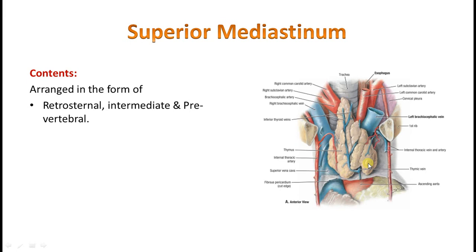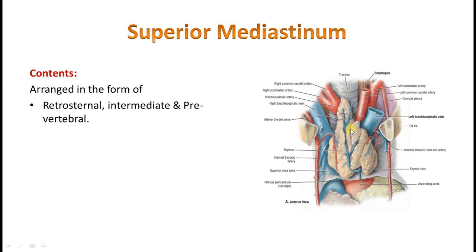The structures in the middle we call intermediate structures, and the more posterior ones we call prevertebral structures because they are present in front of the vertebra. So from anterior to posterior, it is retrosternal, intermediate, and then prevertebral structures.